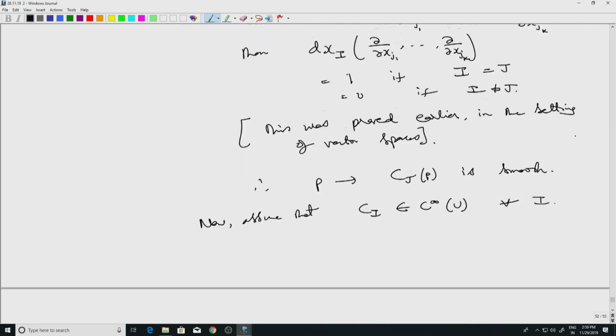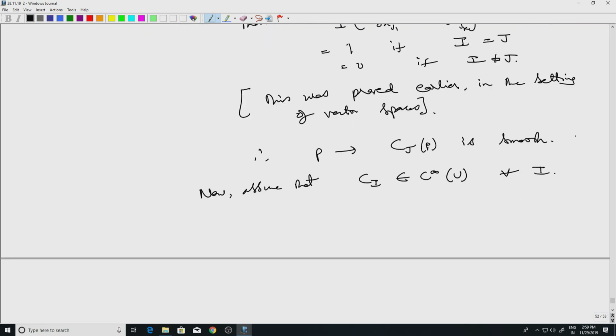So now I have to start with arbitrary vector fields on U. Look at this function p going to omega p, X1 p, ..., Xk p.